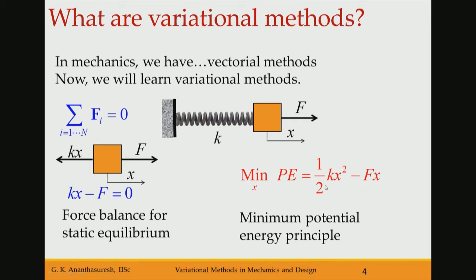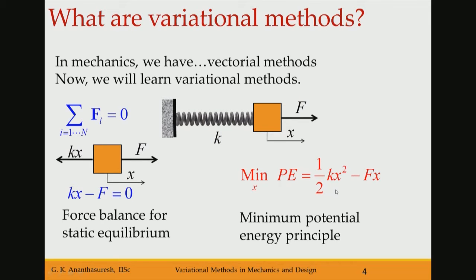If you see, half k x square minus F x, which is the potential energy, if I say I want to minimize it, then I have to make the gradient of it or the derivative of this, that is dPe by dx, equal to 0. If I do that, let us take the derivative of this. dPe by dx is the derivative of potential energy.